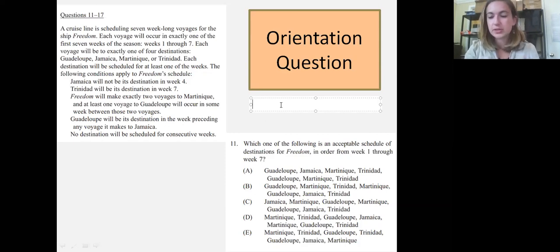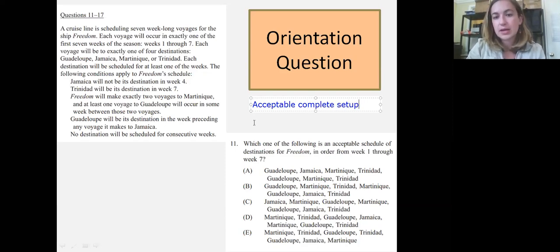One of the patterns is that the first question after you set up a diagram often looks like the one you see here, where you're asked what would be an acceptable, complete setup for the game you're working on. We call this an orientation question because it kind of orients you to both the game and the rules.